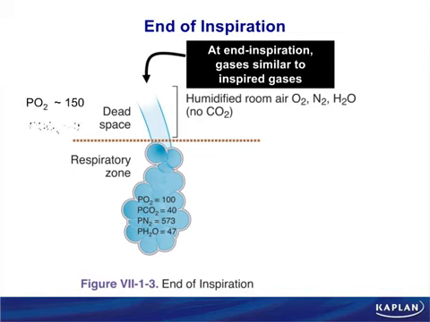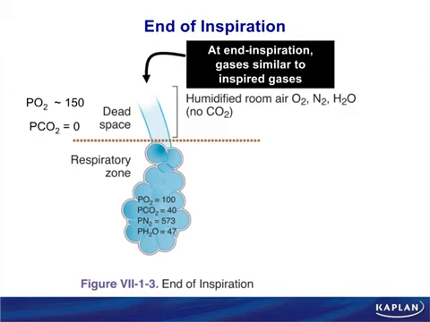Now, if we are breathing room air, don't forget that we humidify it to 100% humidity. So the PO2 will be approximately 150 millimeters of mercury, and PCO2 will be 0. Remember, there is no CO2 in atmospheric air. We know that that's not technically correct, but from the standpoint of physiology, from the standpoint of clinical medicine, we consider it 0. It is so small that it is negligible.